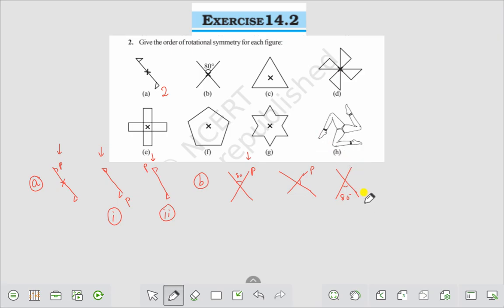And the P will come at this point. We again move this one, then this will come at this position, and again move, then it will come in this position. P will come here. Again if we move this one, it will come at this position. Again if we are moving this one, it will come like this. This is 80 degree.